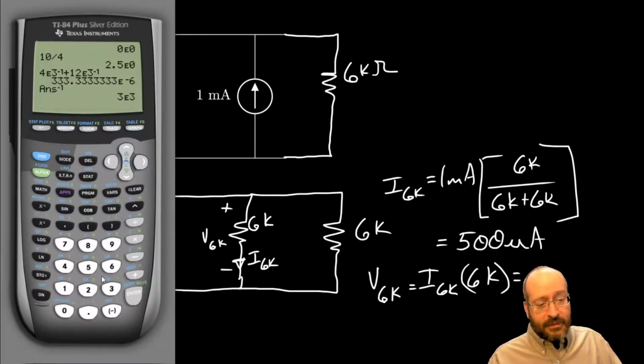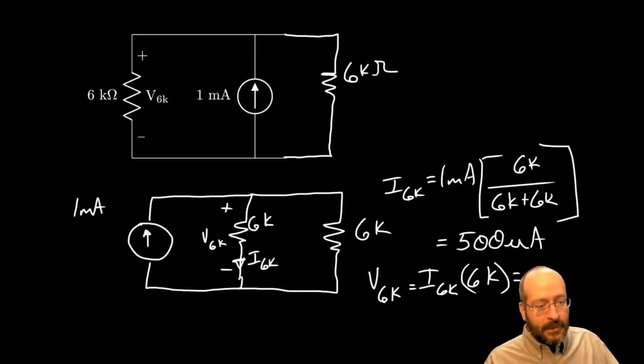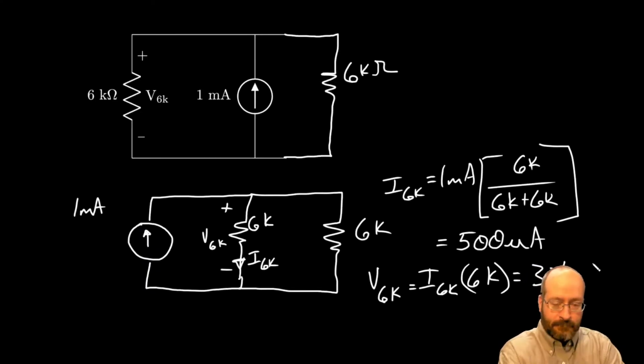I believe it's 3 volts. Well, let's say it's 500 microamps. Micro is E negative 6 times 6K, 6 times 10 to the third, and it ends up being 3 volts. Okay, so that's 3 volts. Not bad. Not bad. I like that.